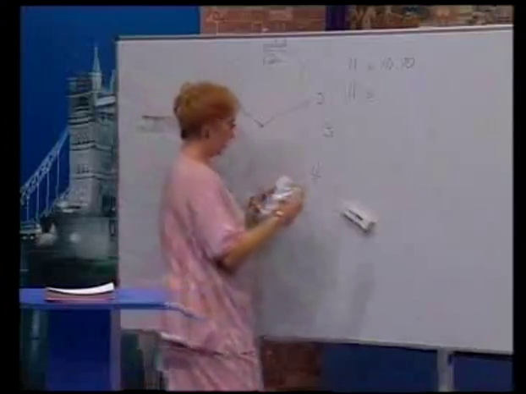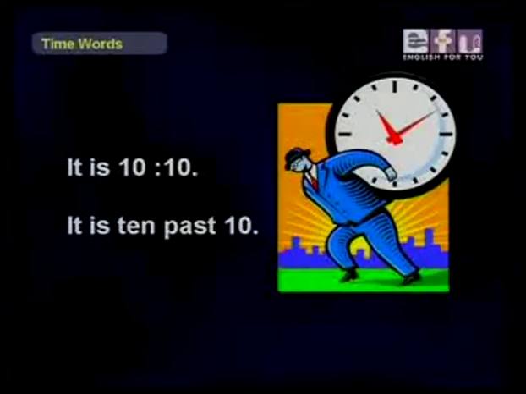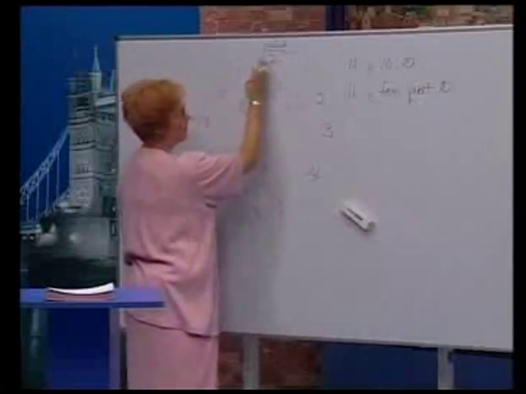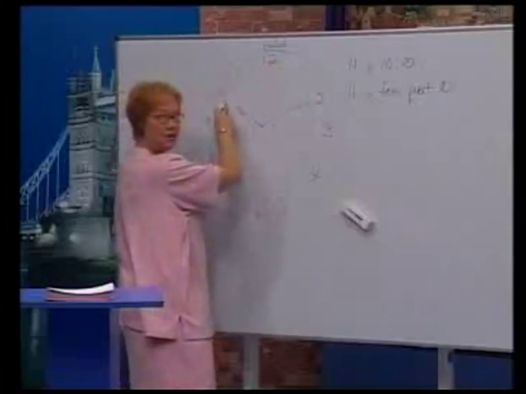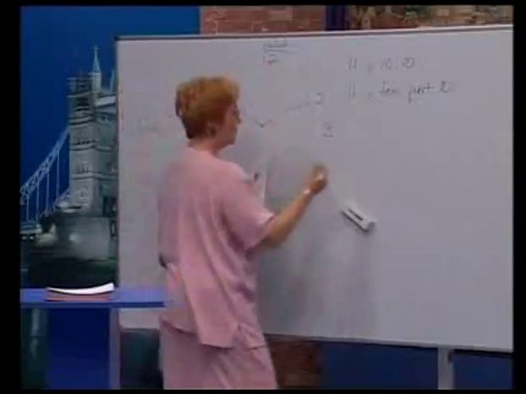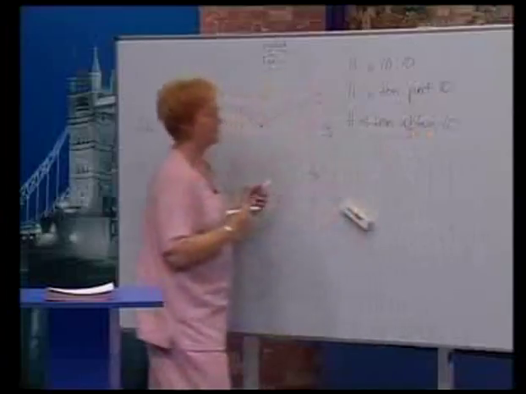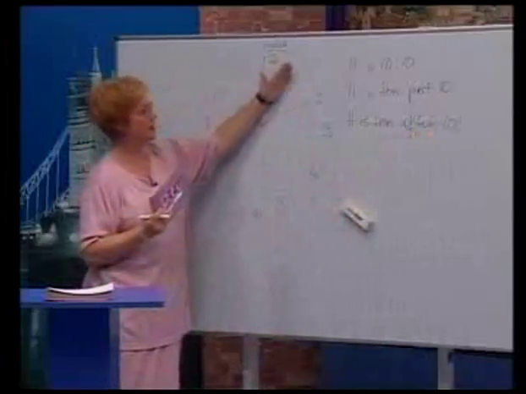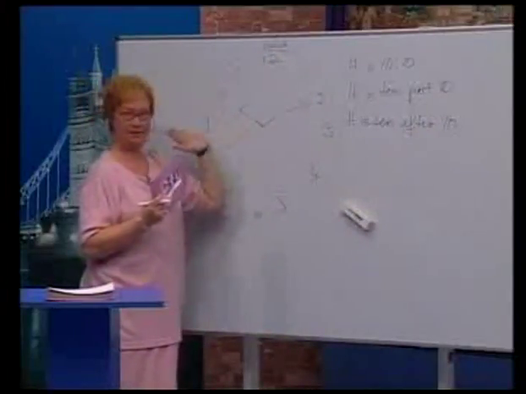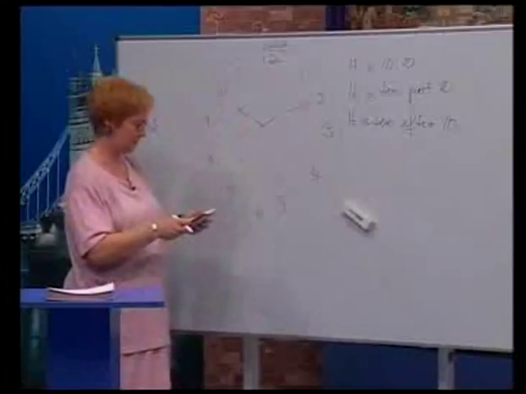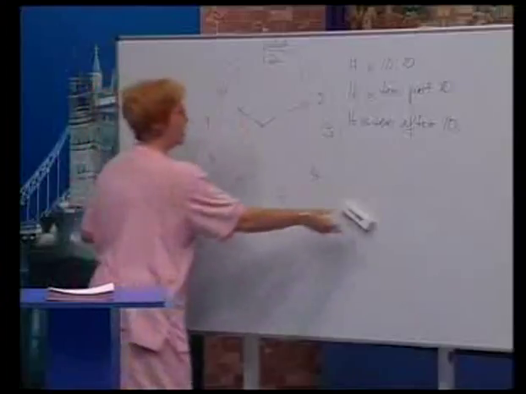Or we can say it is 10 past 10. Or it is 10 after 10. All right? It is 10:10, it is 10 past 10, it is 10 after 10.